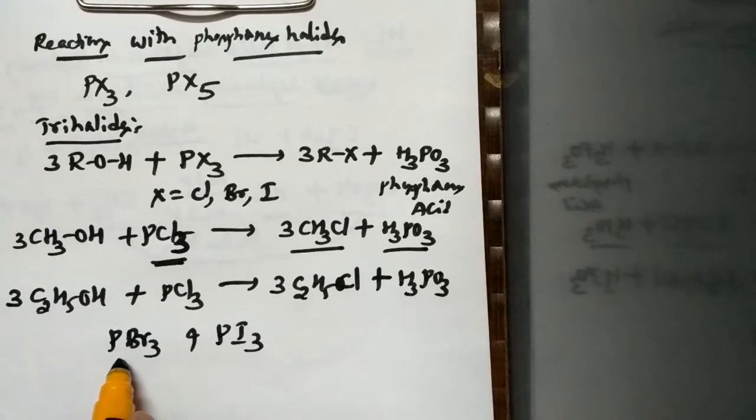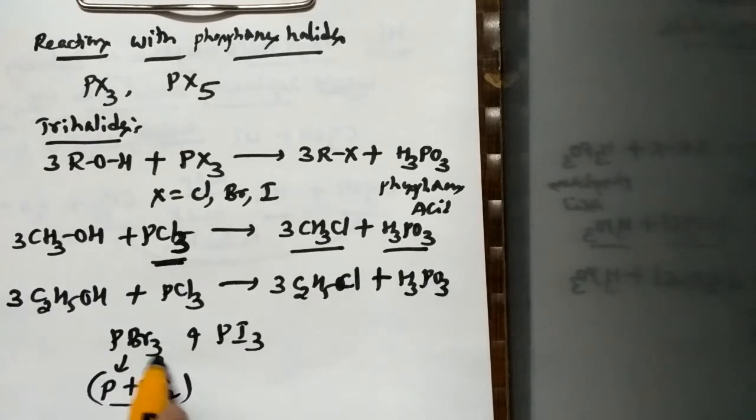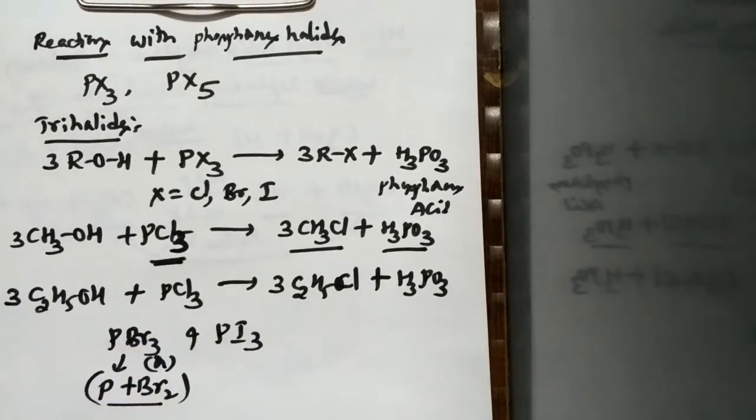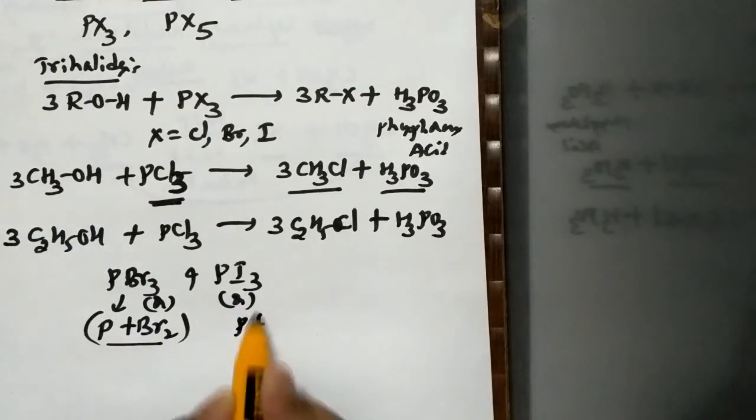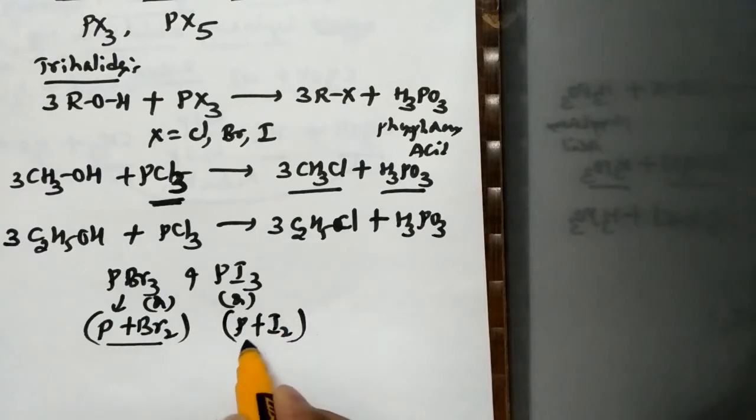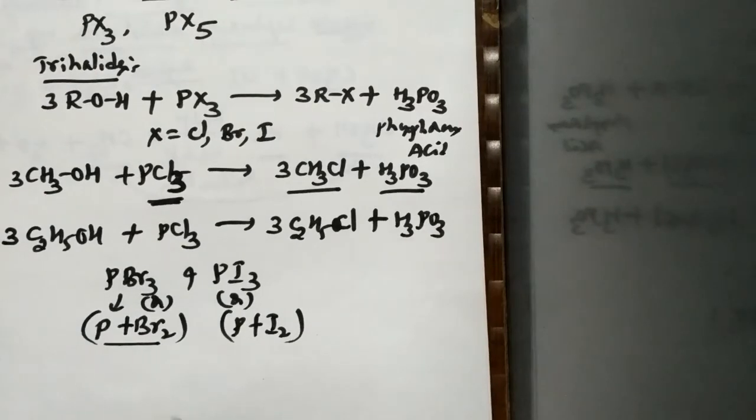PBr3 can also be written as P plus Br2, meaning the combination of red phosphorus along with Br2 or PBr3, both are the same. Or PI3 can also be written as P plus I2, meaning the combination of red phosphorus along with iodine is nothing but PI3.